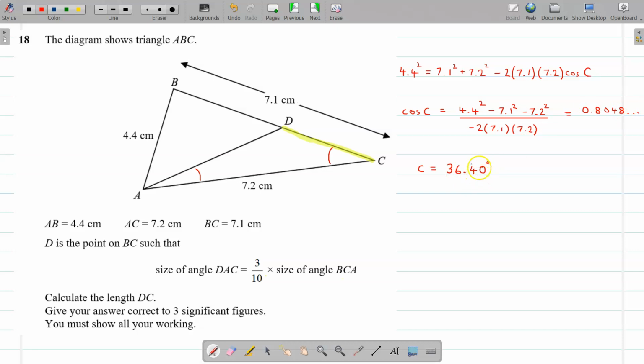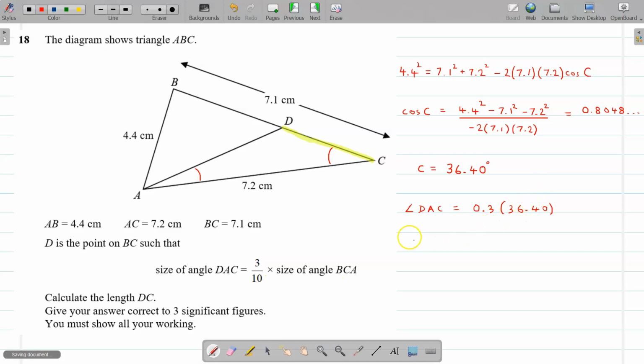Now, if it's 36.4, then this angle here at DAC, so angle DAC is going to equal 0.3 or 3/10 times 36.4. And on the calculator I don't actually need to work that out.